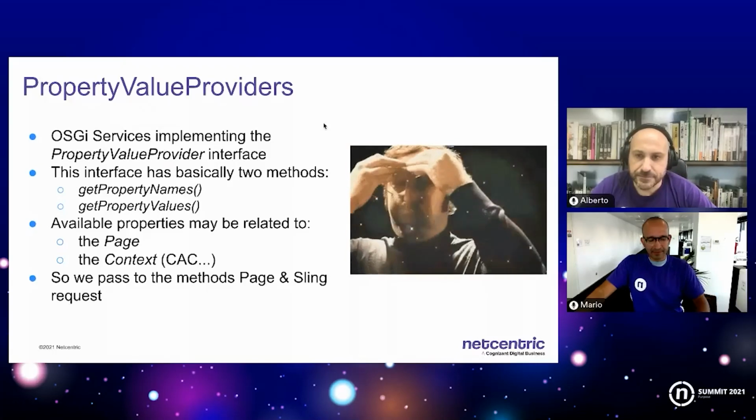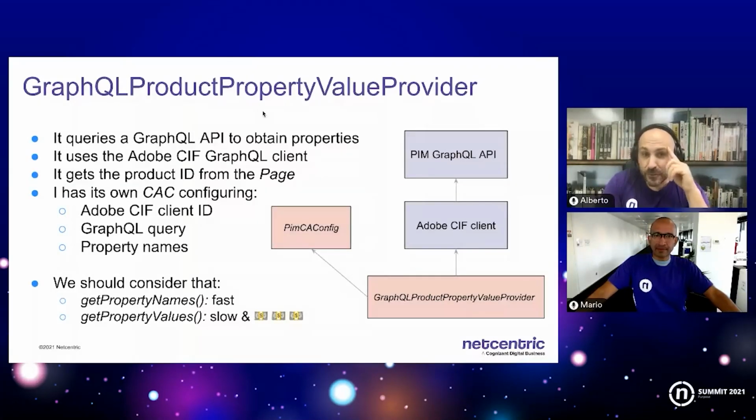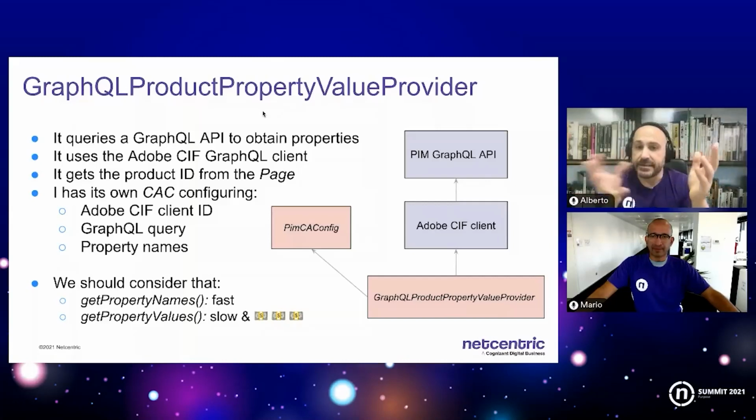Next slide, please. The first property provider that we implemented was this GraphQL property value provider. This is a property value provider that is using the Adobe Thrift client to do a request to a GraphQL API. But the customer requested that this should be generic.